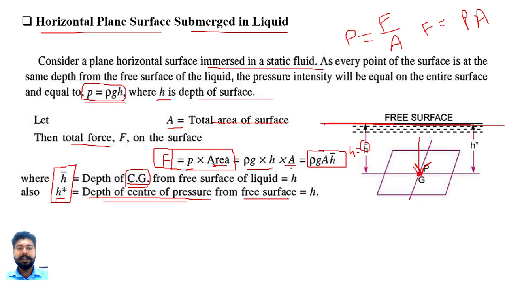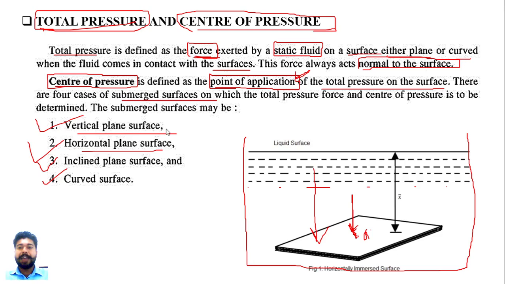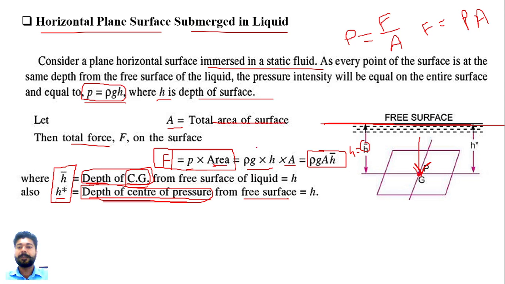The depth of CG is denoted by h bar, and the depth of center of pressure is denoted by h star. Again, what is center of pressure? As we already discussed, the center of pressure is nothing but the point of application of pressure, where your total pressure is applied on the surface. This point is known as the center of pressure.